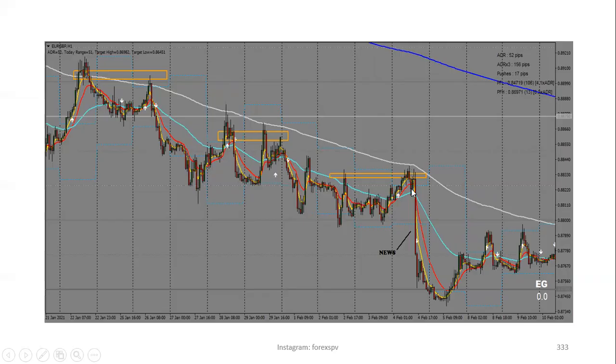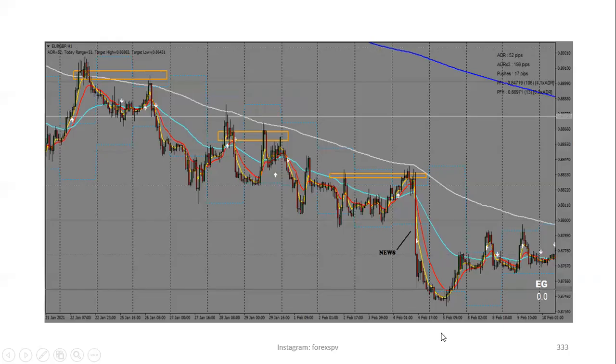And then the news came in and he used the news to complete level 3. Down here, there was a liquidity pool area.